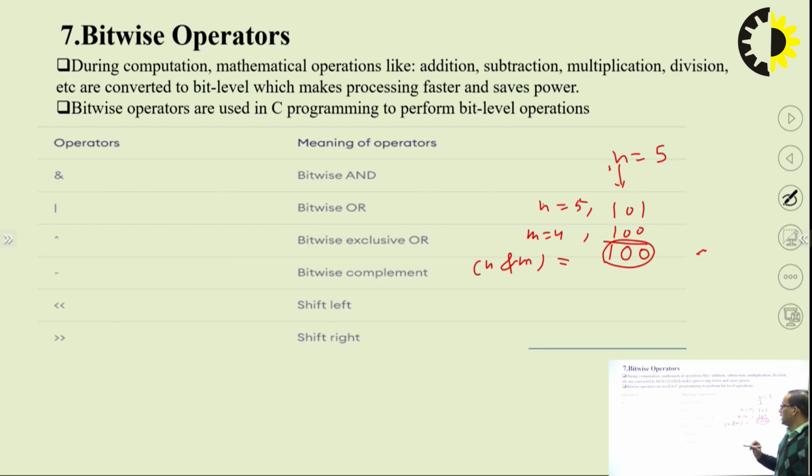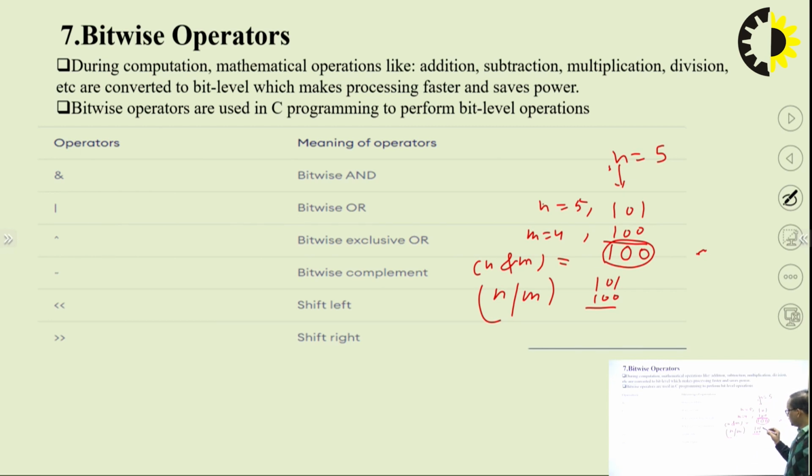Okay, next one is the bitwise OR operator. Suppose we have to perform bitwise OR of 101 and 100. What will happen in the case of the bitwise OR operator? The corresponding bits will be matched. If any bit is 1, then the output bit will be 1, otherwise the output bit will be 0.